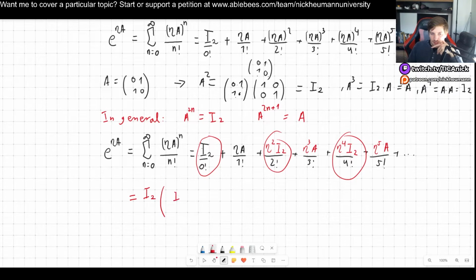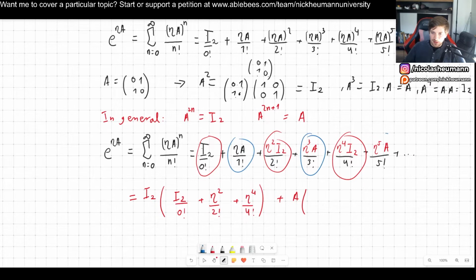So this would be the identity over 0 factorial plus eta squared divided by 2 factorial plus eta to the fourth over 4 factorial, and then we have a factor of this, this, and this. So that would be eta over 1 factorial plus eta cubed over 3 factorial plus eta to the fifth over 5 factorial.